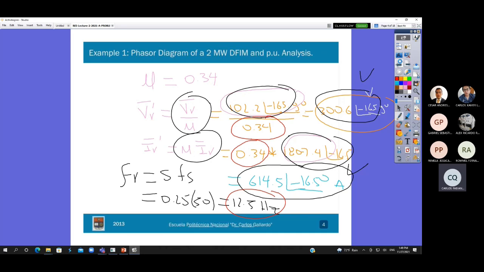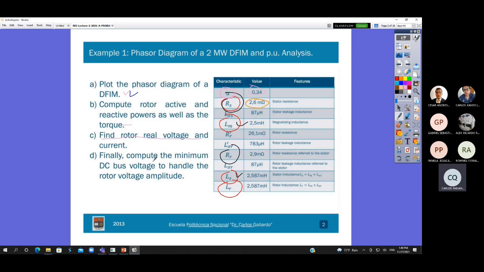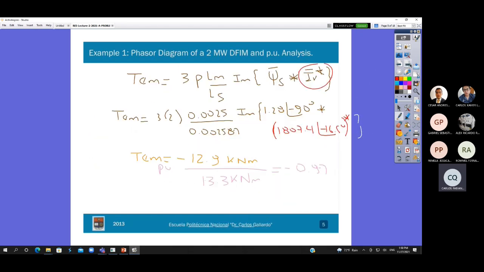So finally, the last question is compute the minimum DC bus voltage to handle the rotor voltage amplitude. This is my final question.